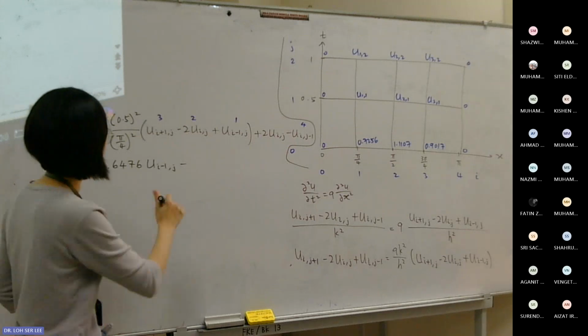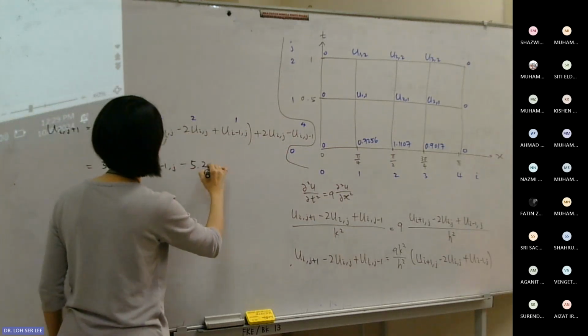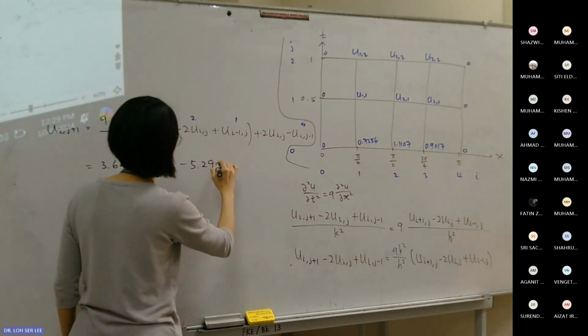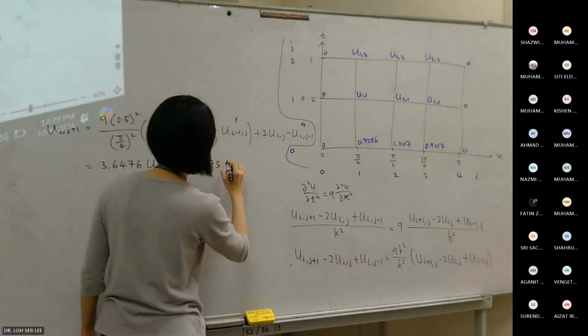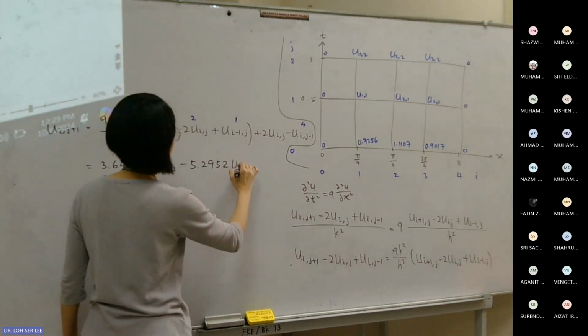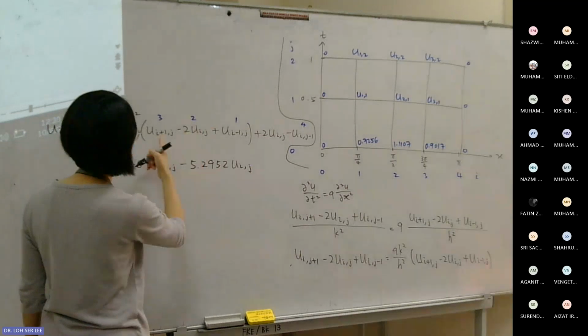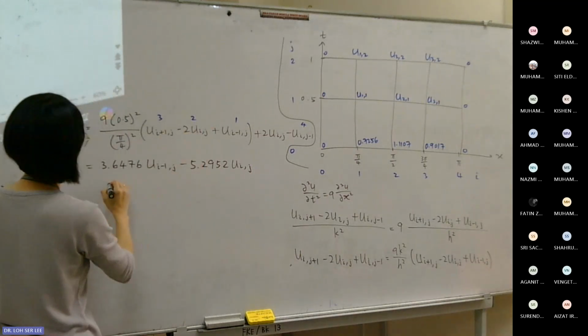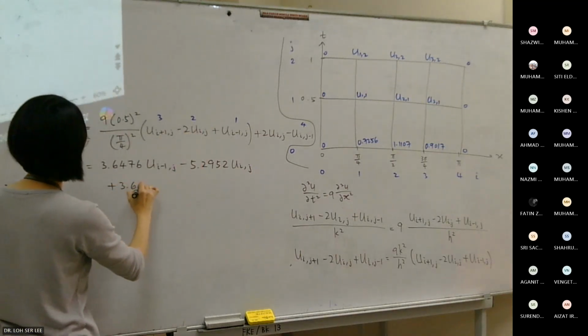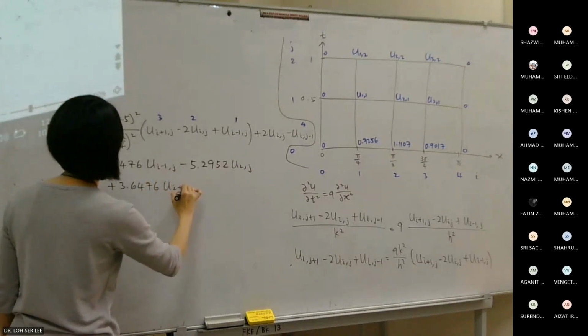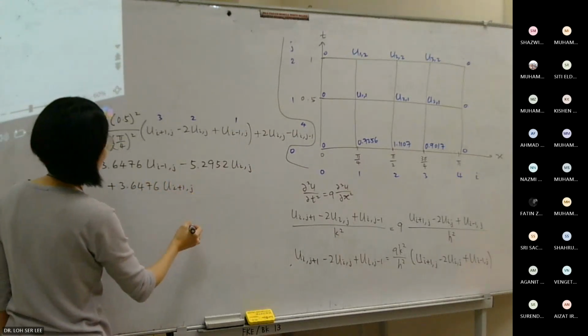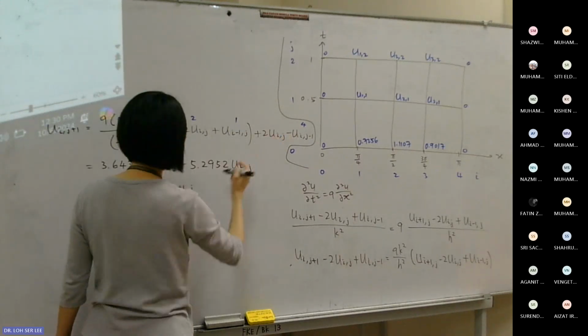Five point two nine, 5 2. Okay. And then the third one. And the last one.